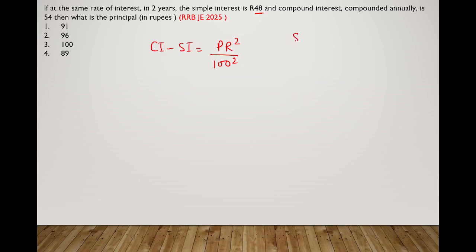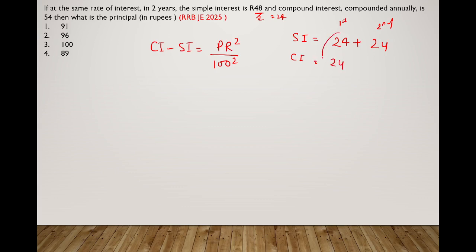So simple interest increases by the same amount, 24 into 20%, this is divided by 2, this becomes 24. So simple interest in the first year and second year, but compound interest is first year 24.